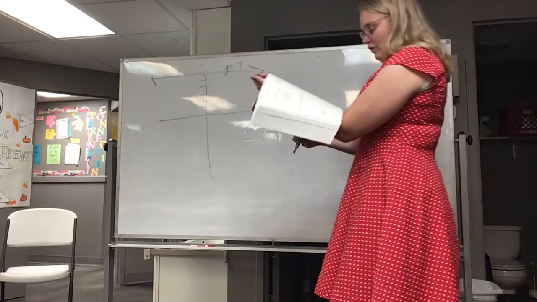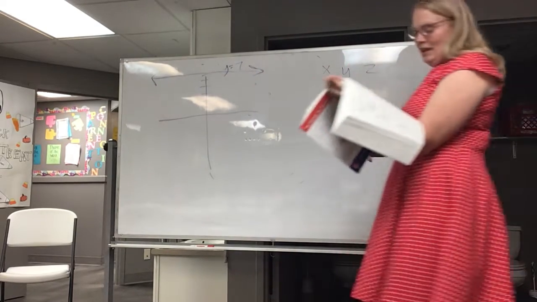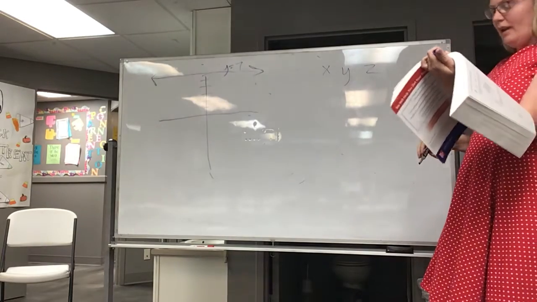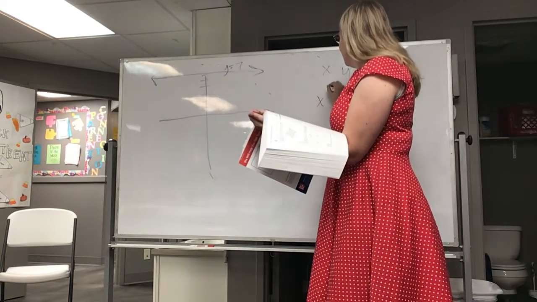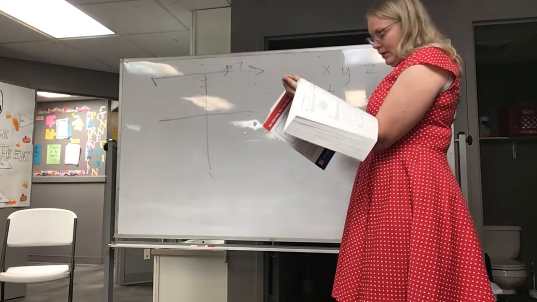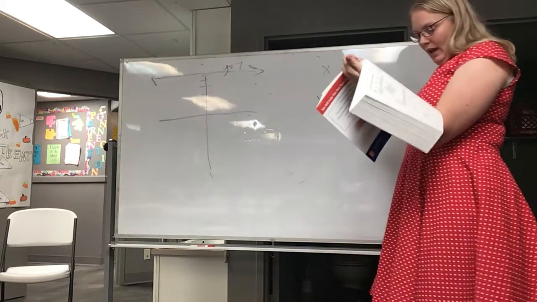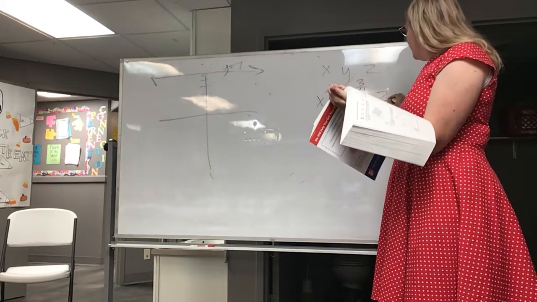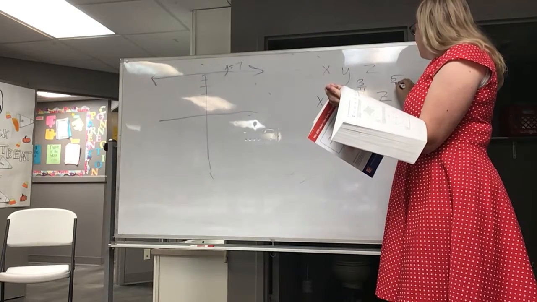So, we're given 4 positive real numbers, x, y, and z. We are trying to find an equivalent expression of x to the 1/2, y to the 3/4, and z to the 5/8.